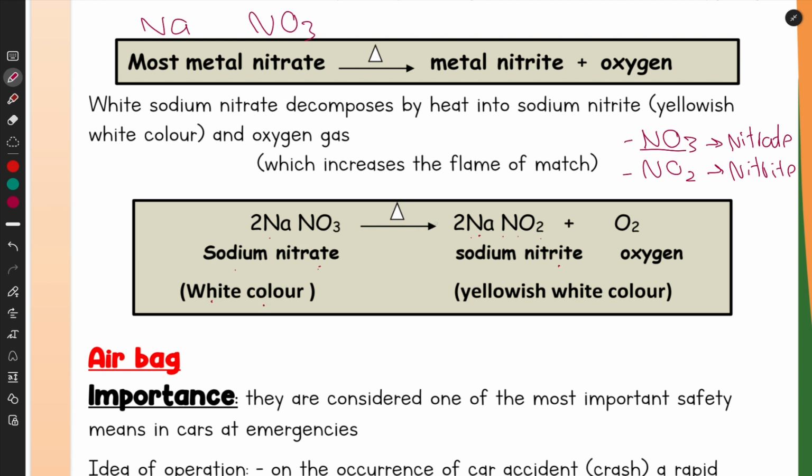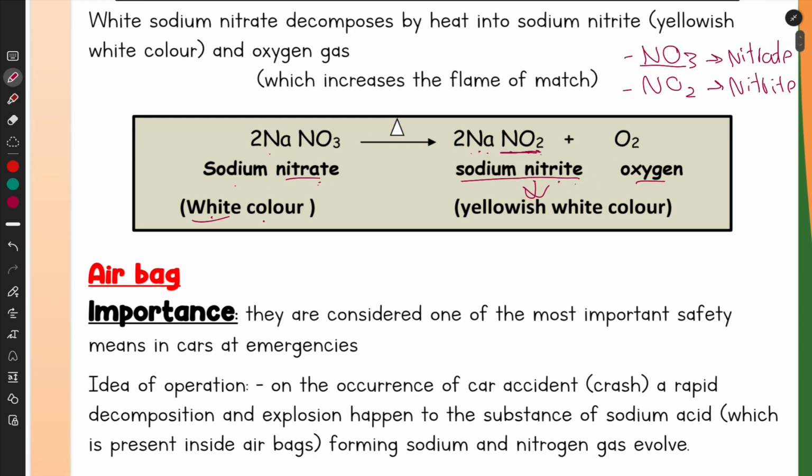If we add some heat to it, it will produce two components, sodium nitrite, NaNO2, plus oxygen. The sodium nitrite is yellowish white. So the white color will become slightly yellowish. Okay.